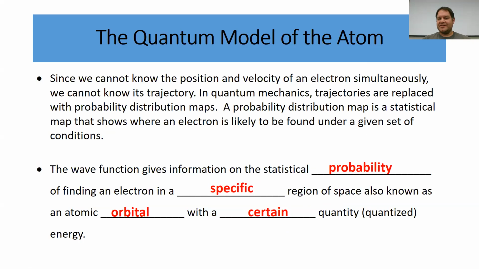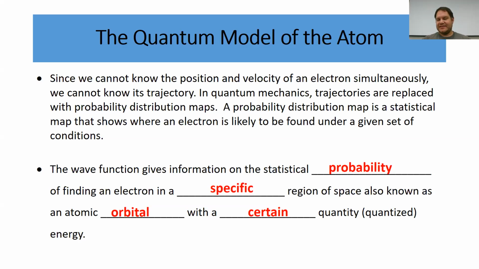Since we cannot know the position and the velocity of an electron simultaneously, we cannot know its trajectory. In other words, we cannot determine at any given time where an electron in motion would land or where it would be. Again, based on Heisenberg's uncertainty principle.